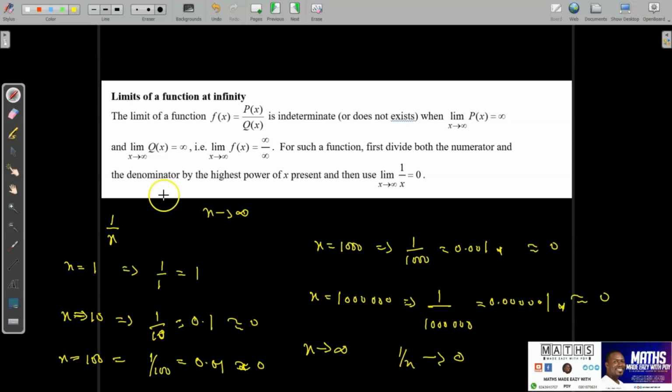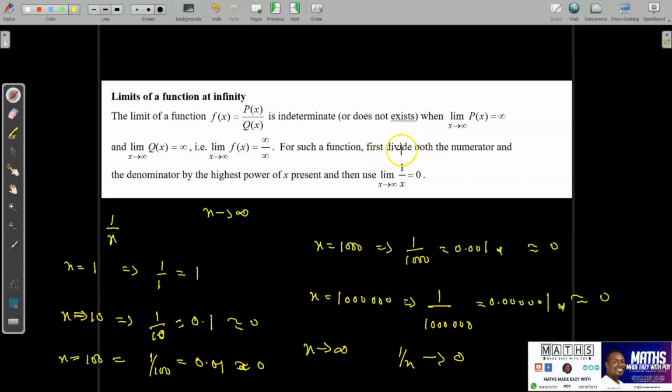Now, under limits of function at infinity, when you have a rational function of this kind for which the limit is indeterminate or does not exist, when you find the limit of p of x as x approaches infinity and the limit of q of x as x approaches infinity separately, it means you are going to have infinity over infinity, and for such a function it is not defined.